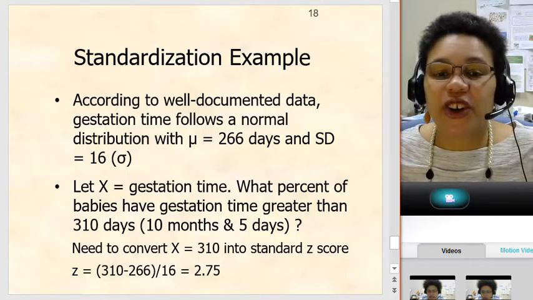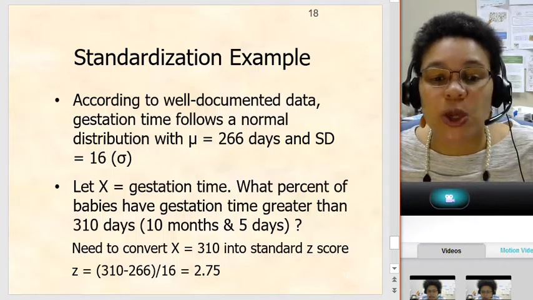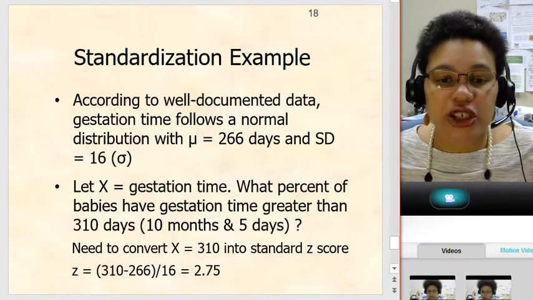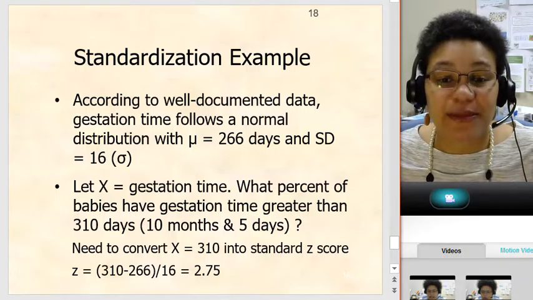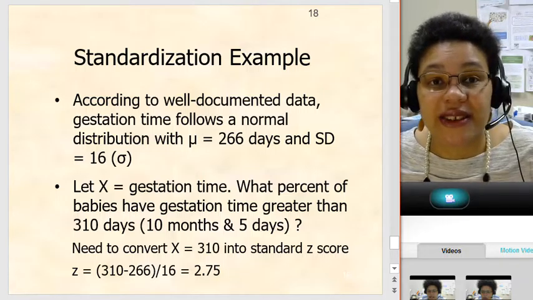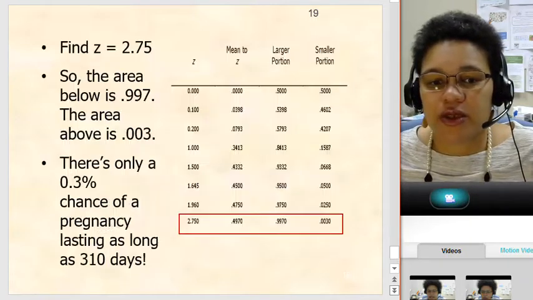We need to convert X equals 310 into a standard z-score. So we do 310 minus 266, which was the mean, divided by 16, and we get 2.75 standard deviations. Z equals 2.75.